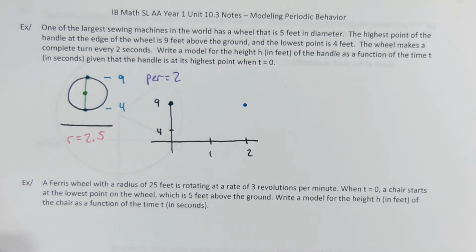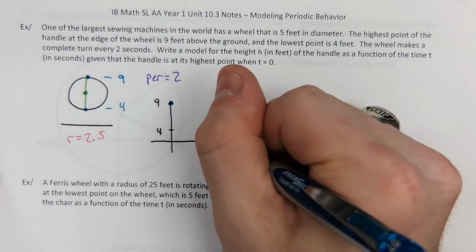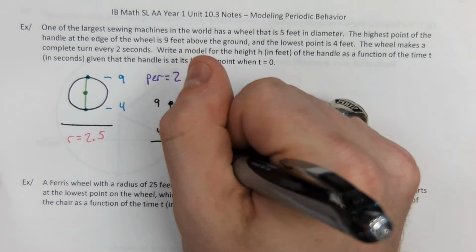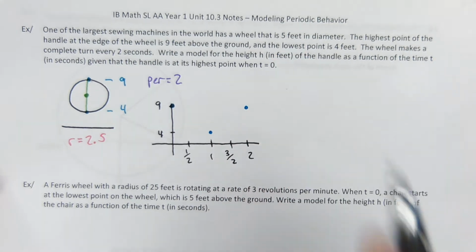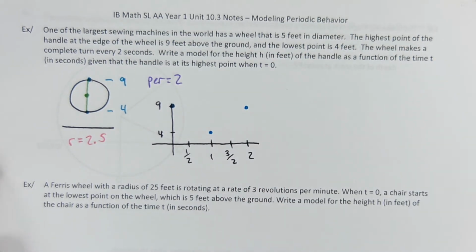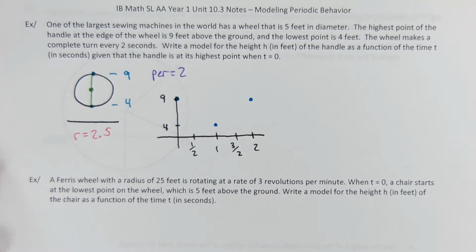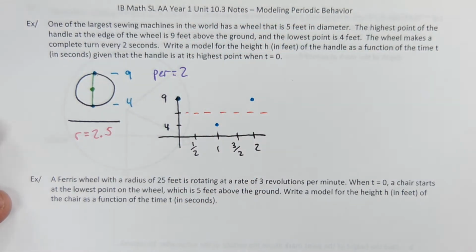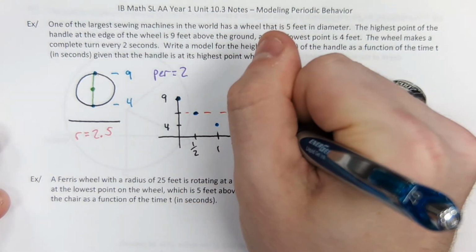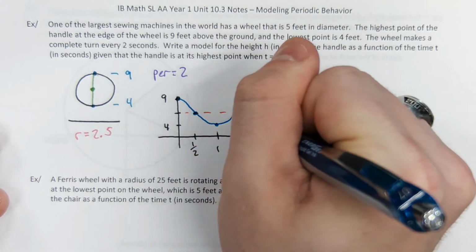So when is it at its lowest point? What's halfway between 2 maximums? A minimum, so it's at its lowest point at 1. Remember, halfway between a maximum and a minimum is always a midline hit. So there is a midline here, and we're going to hit it at 0.5 seconds and 1.5 seconds. There's our graph.